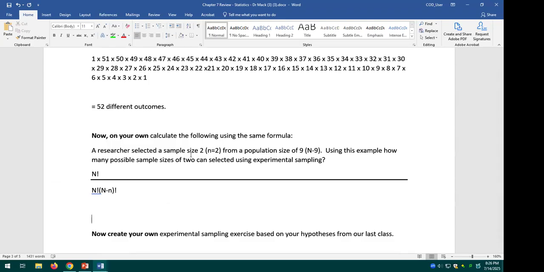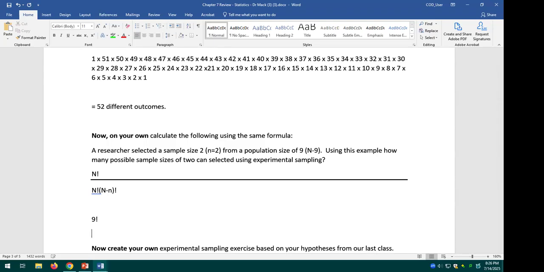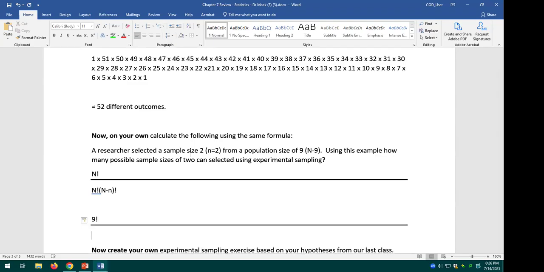So it would be our 9. Does that make sense where that N came from? Because that's our population, the capital N. Yeah, you got it. And then it would be 9 again, and then 9 minus 2, which is essentially 7, right?